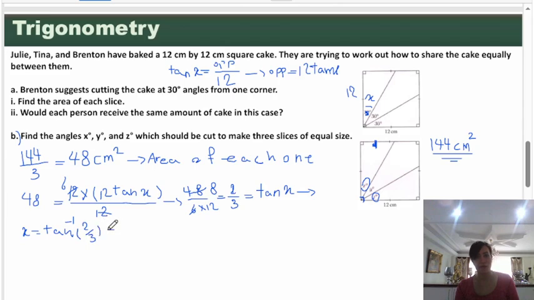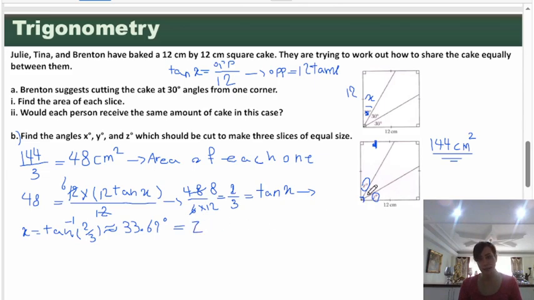If I calculate it with a calculator, I will find X equals 33.69 degrees. It's my X. As I said, Z equals X, so it's my Z as well.